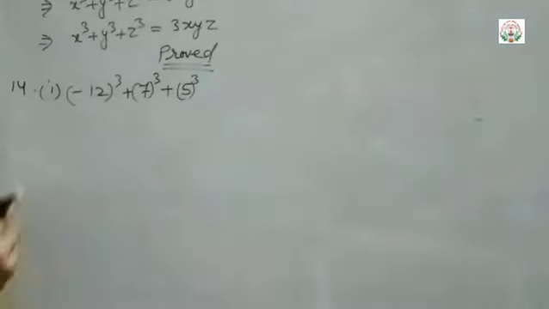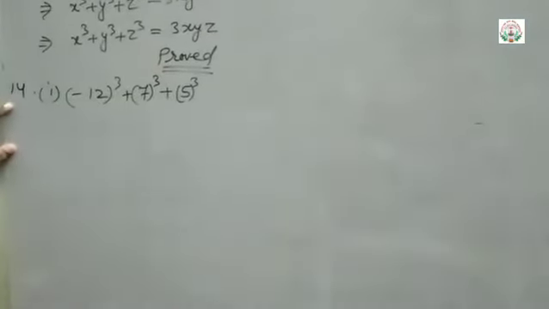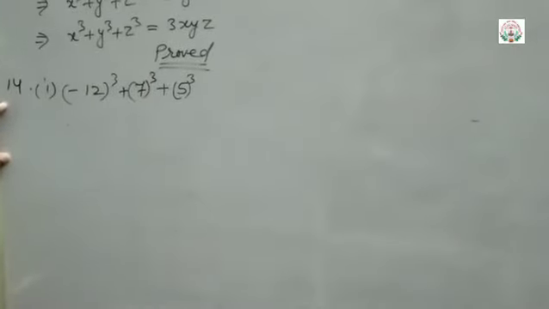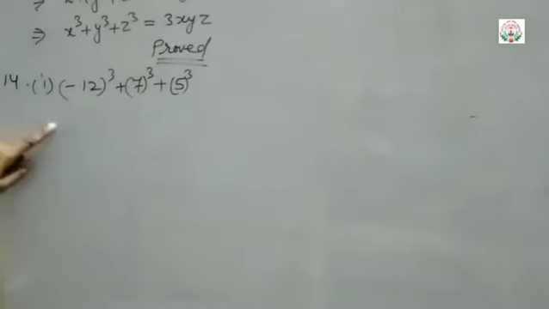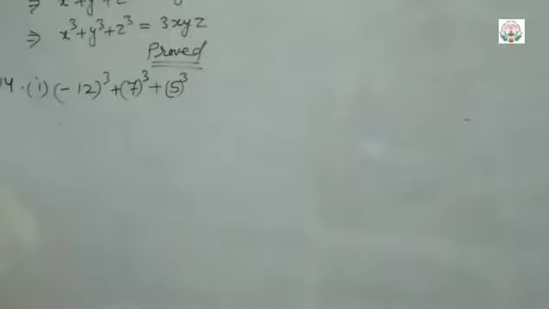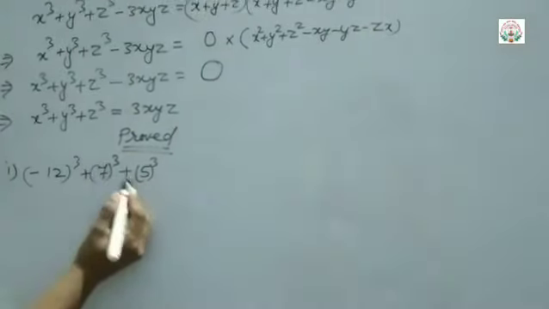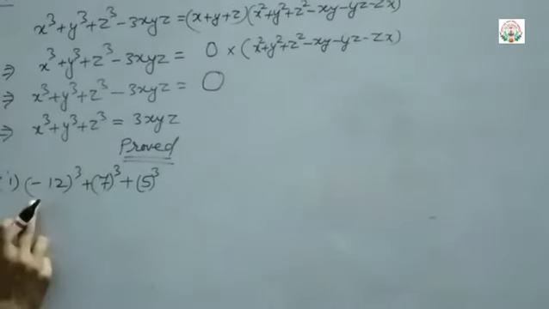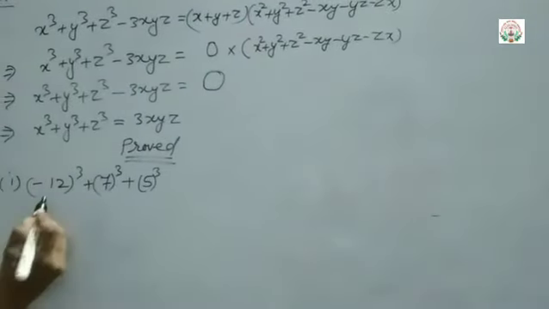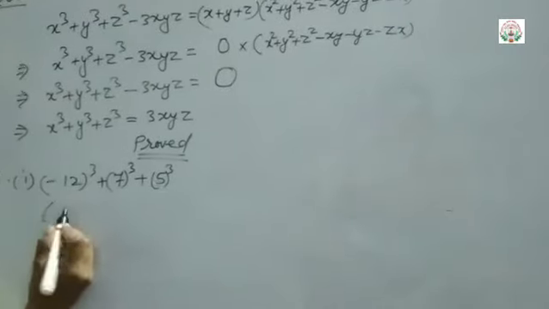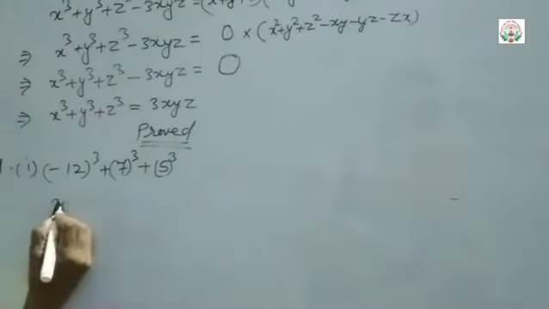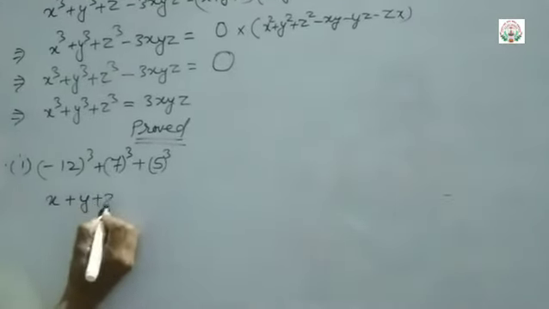Okay. So next question is number 14: without actually calculating the cubes, find the value of each of the following. The first one is (minus 12) whole cube plus 7 cube plus 5 cube. So it is just like the 13th question. First we will check x plus y plus z.